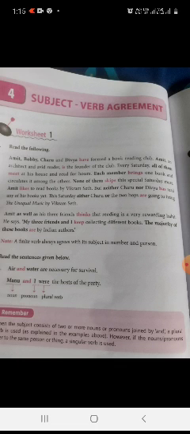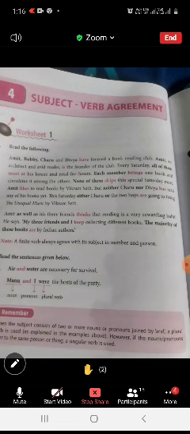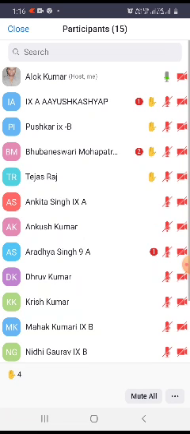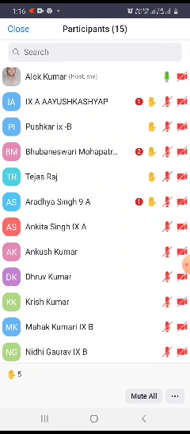Anyone who wants to read can raise his or her hand. Ayush Kashyap, Puskar, Bhuvneswari, Tejas. Okay, very good. All of you are highly interested. Okay, Bhuvneswari, you may start.